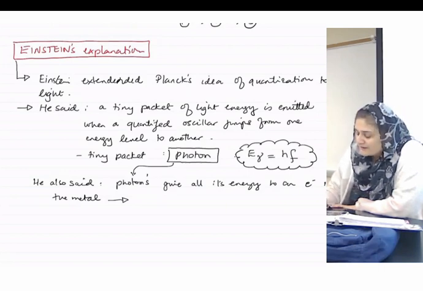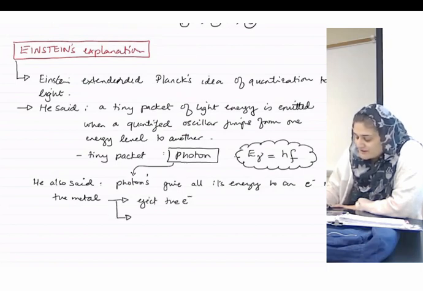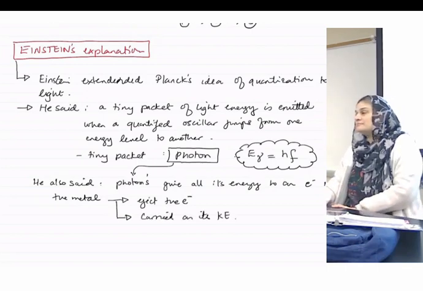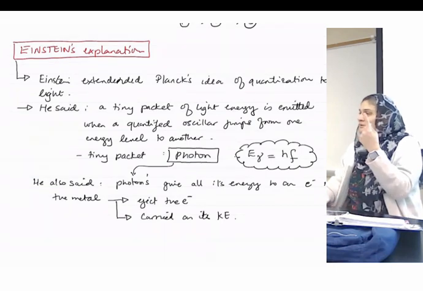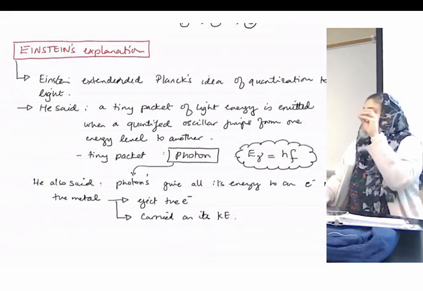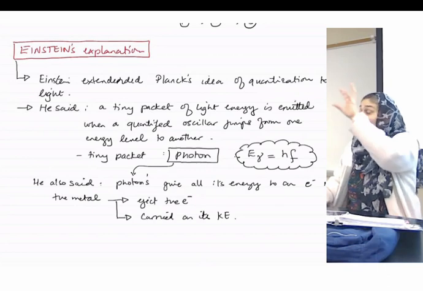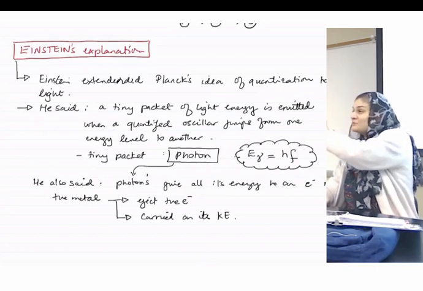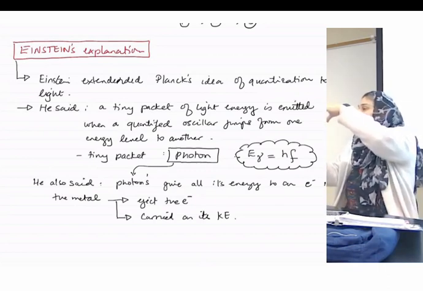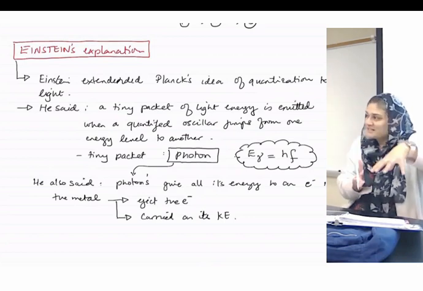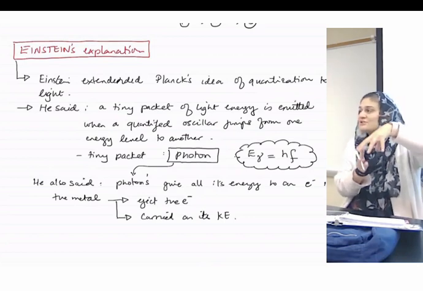So part of it is to eject the electron, and the other part is carried as its kinetic energy. Basically, it's speed. Is that what we were observing? Energies with the colors, the blue one will have more speed. The red one will have less speed because it had less energy to give.